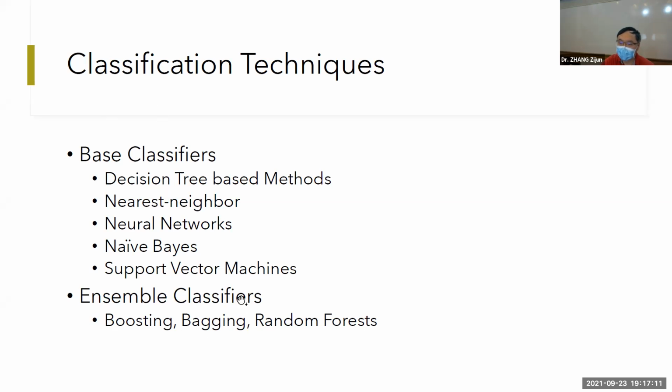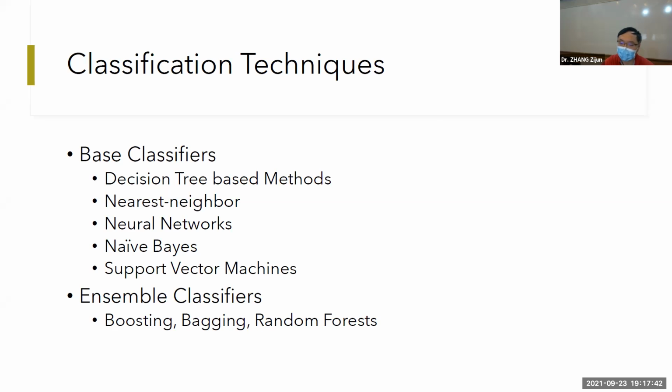But there are also techniques which integrate multiple classifiers together to process the classification task. Such integration of multiple classifiers and their mechanisms is called ensemble strategy or ensemble techniques. Different ensemble techniques include boosting, bagging, and also random forest, which has a kind of ensemble structure, okay?